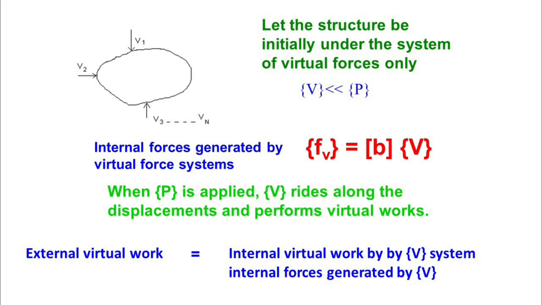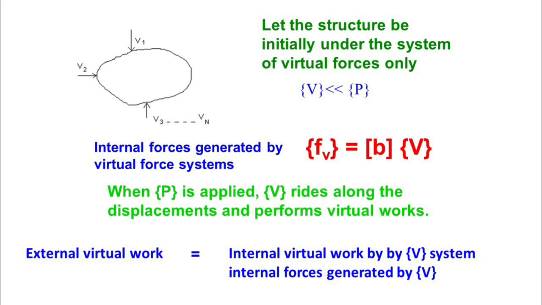As we have learned in the case of the stiffness approach also, when we were deriving relationships for non-prismatic members, the virtual forces ride along the actual displacements and thus perform a virtual work, and the virtual work is equal to the product of the virtual force multiplied by the actual displacement. So the factor of half does not come here.